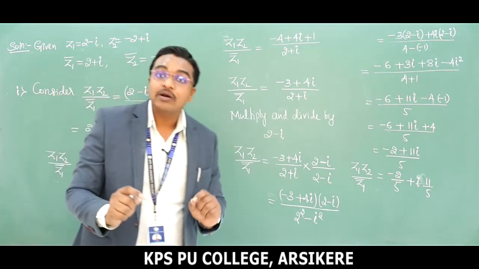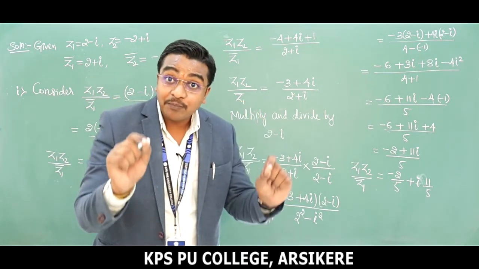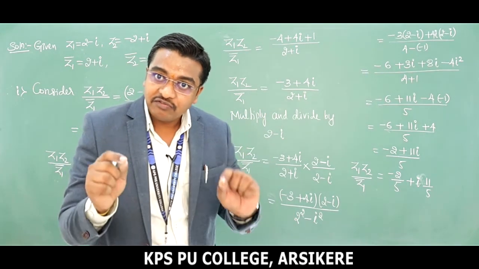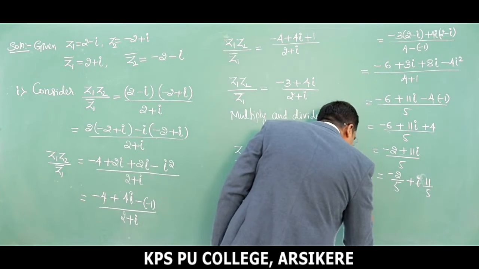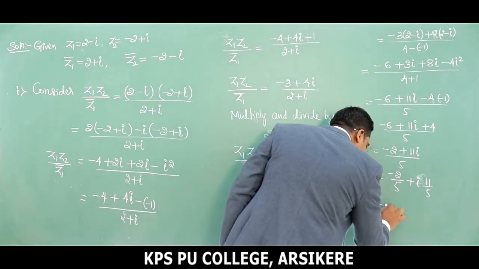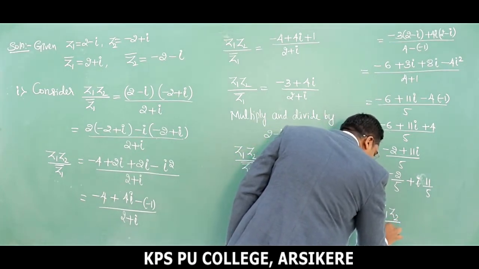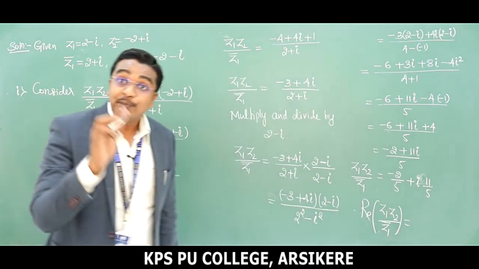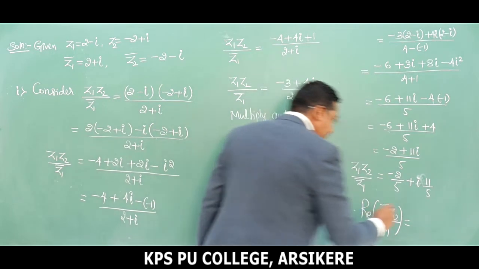So what is our requirement? It is the real part of Z1 into Z2 divided by Z1 bar. Here we need to find the real part of this one. Therefore, real part of Z1 Z2 divided by Z1 bar is equal to, what is the real part here? Minus 2 divided by 5.